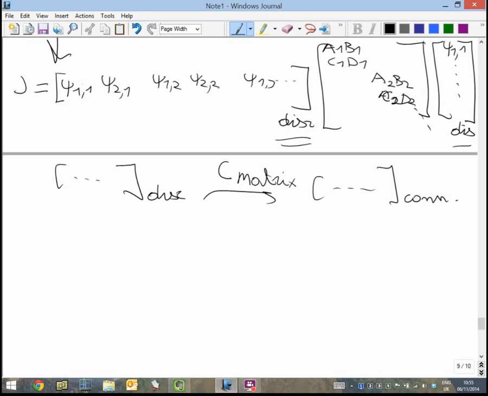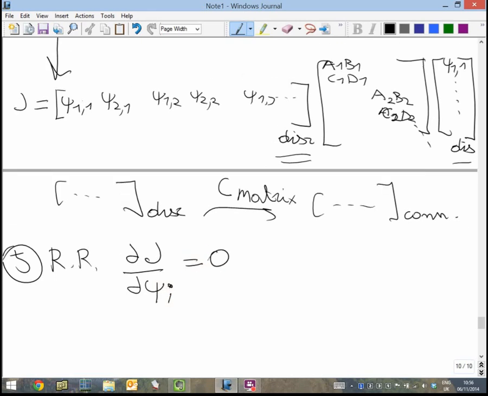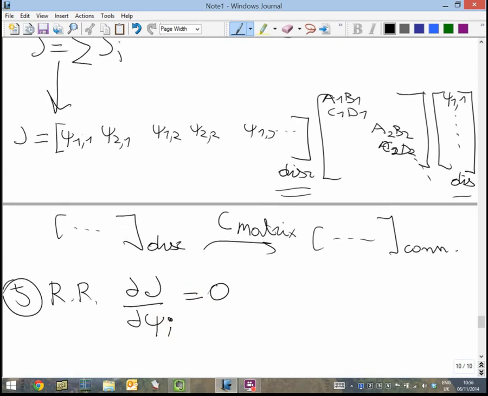Okay. There's a lot of work to just say how we could calculate the energy in your system, this J, but finally we get rewarded by the fact that we can apply our Rayleigh-Ritz method. The Rayleigh-Ritz method is taking the energy, taking its derivative with respect to all of our unknowns in the system, and putting that equal to 0. What's the general form of such a thing?